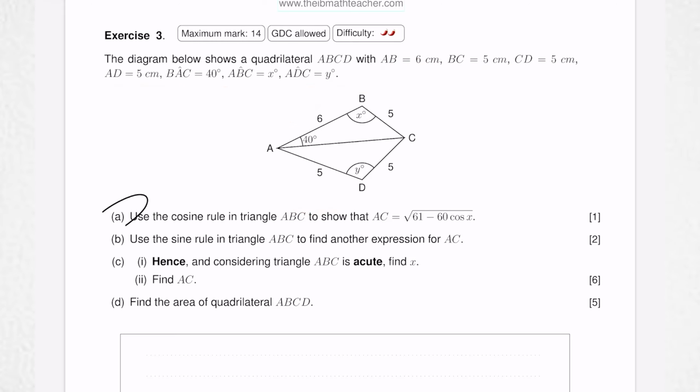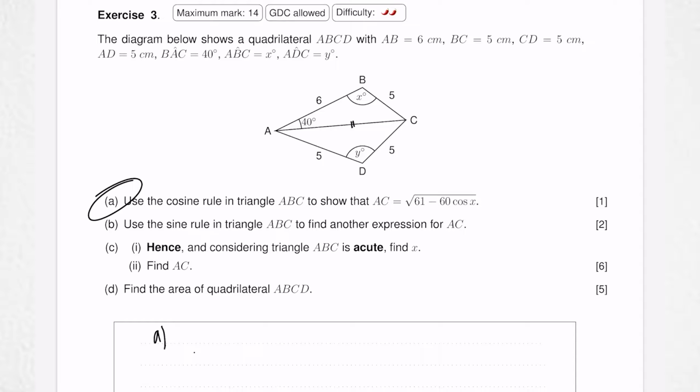Now the first thing we need to do is to use the cosine rule in triangle ABC to find AC. And how does it work? Well, we can see that we have cosine of x here, therefore the side that we're going to start with, which is opposite to that angle, is AC. AC squared equals 6 squared plus 5 squared minus 2 times 6 times 5 cosine of x.